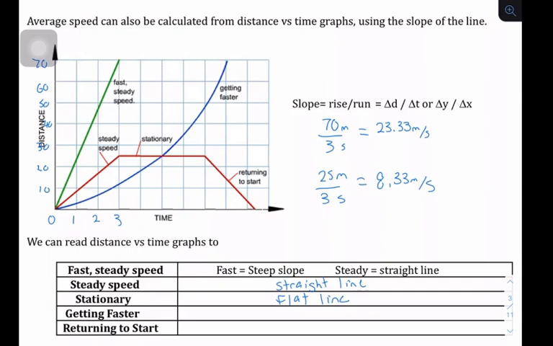But then in the next 3 seconds, it travels from about 10 to 35. So it's traveling then at about 10 meters per second. If we look to the next 3 seconds after that, we go from about 35 to 70. So this is an object that's speeding up, and we require a curved line when something is speeding up.